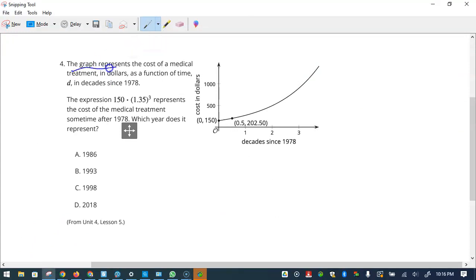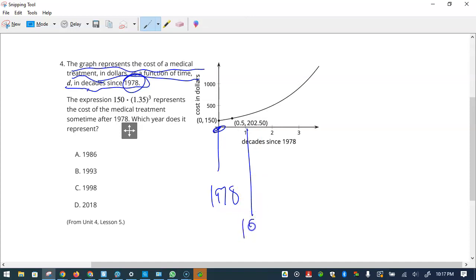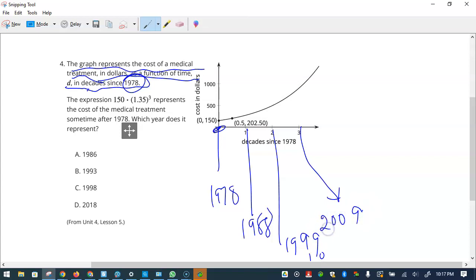Okay, read the question. The graph represents the cost of medical treatment in dollars as a function of time, d, in decades since 1978. That means this point is 1978, and this point is 1988. This point is 1998, and if you add another 10, this becomes 2008.